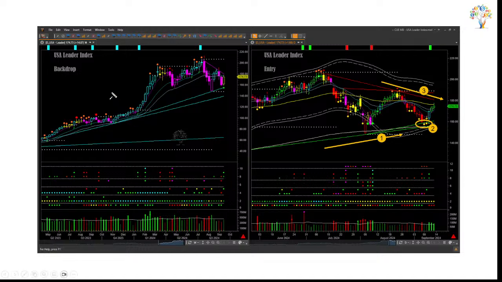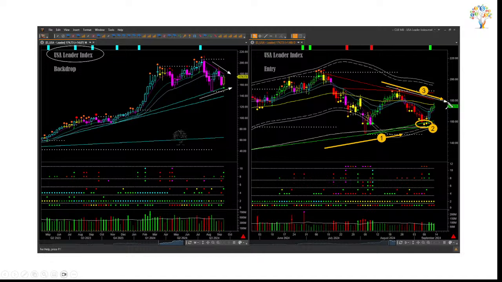Whenever I look at an instrument, be it a stock, ETF, index, futures, or a custom index like leaders index in this case, I ask two questions. One is what is the direction and what is the preferred trading direction. In the weekly, the direction is sideways, it is inside the triangle.